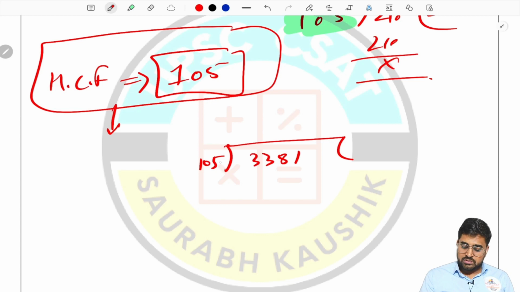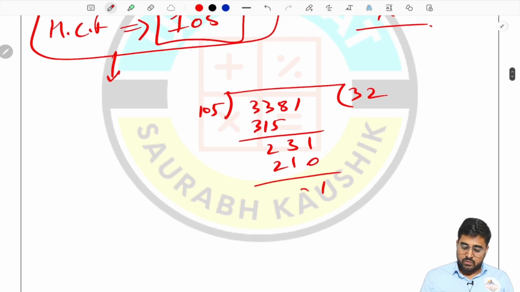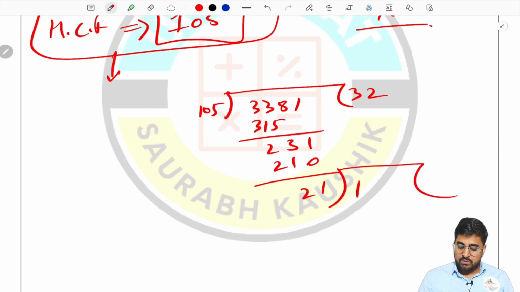Now threes are obviously there, so threes are 315, 321, and twos are 21. Now this becomes a shorter one. Now put this value here. Okay, let's do it. 105.